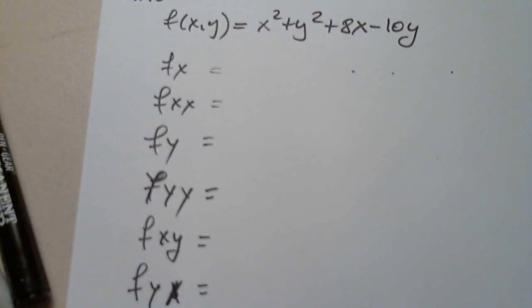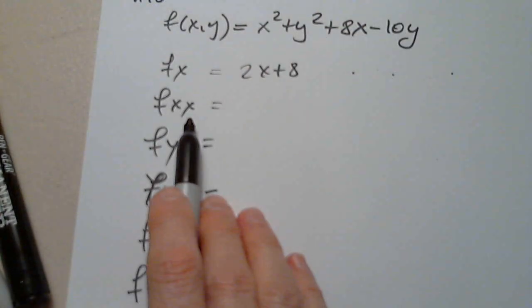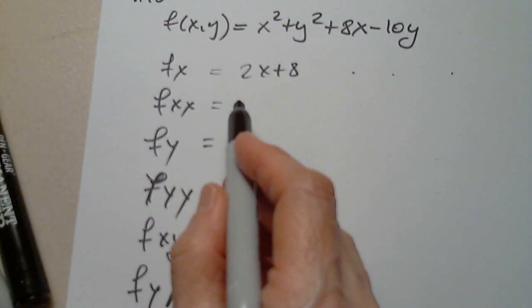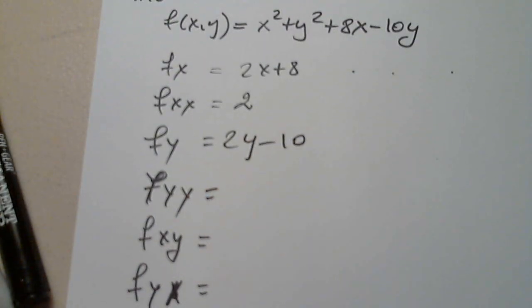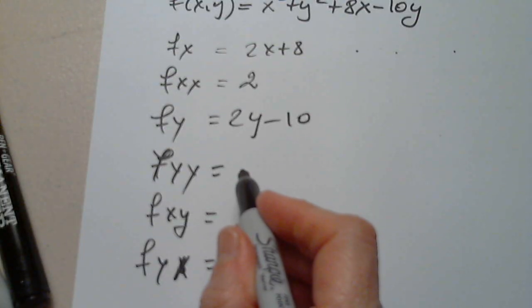We differentiate with respect to x and only with respect to x. What do we get? 2x plus 8. Very good. Let's also do the fxx. What do we get? Just 2. That's it. Easy. Good. Fy: 2y minus 10. Fyy: 2.